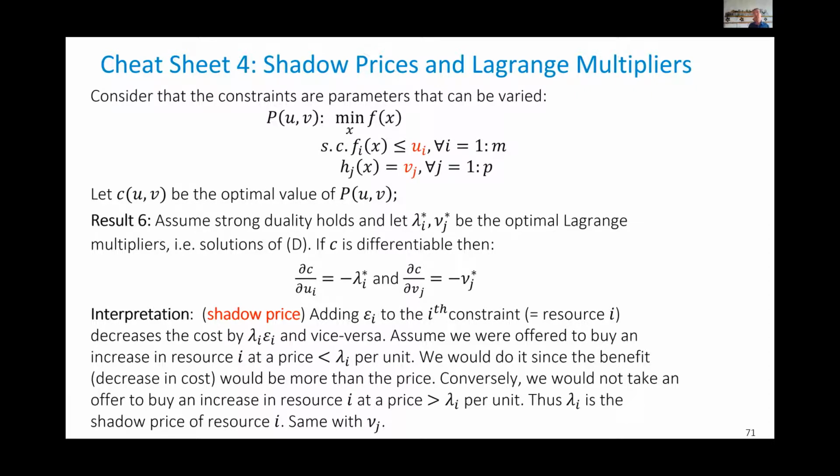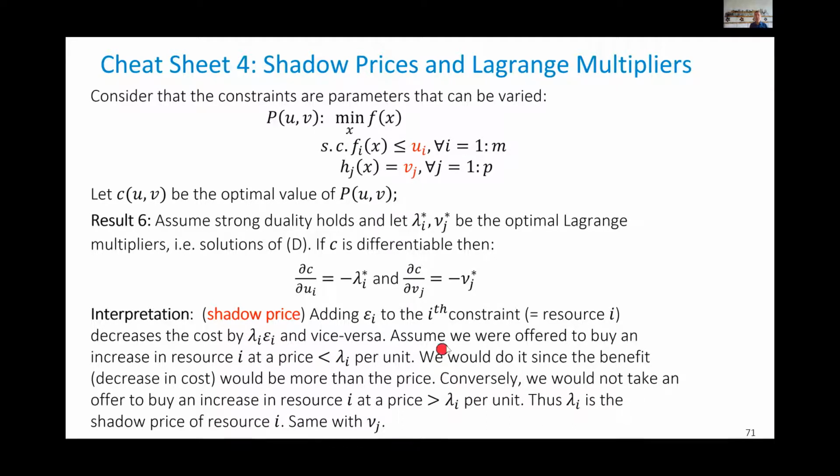If you're less constrained, then you have a bigger space and the minimum can be smaller here. And the answer is, if I can add some small quantity, epsilon_i, to the ith constraint, which I interpret as a resource here, this will decrease the cost by lambda_i epsilon_i.